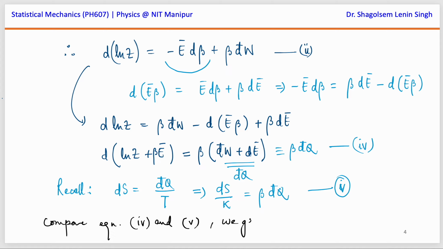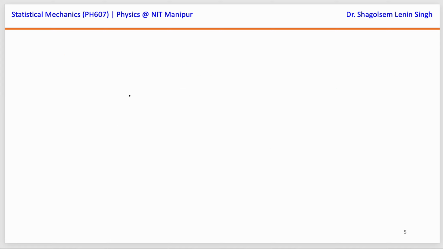So we get the following, right? What do you get? This will give us S by k equal to log of Z plus beta E bar.